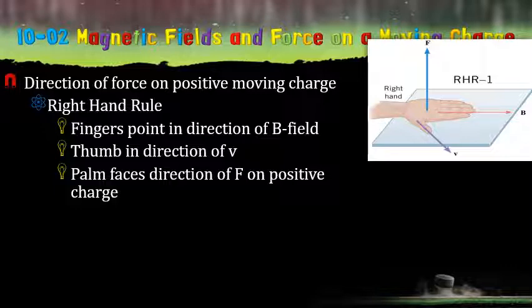Now, to make things easy, we have to have 3 dimensions. If it's into or out of the paper, into means pointing directly into the sheet of paper, and out of the paper is coming up out of the paper. I'm going to say up is towards the top of the paper, down is towards the bottom of the paper.